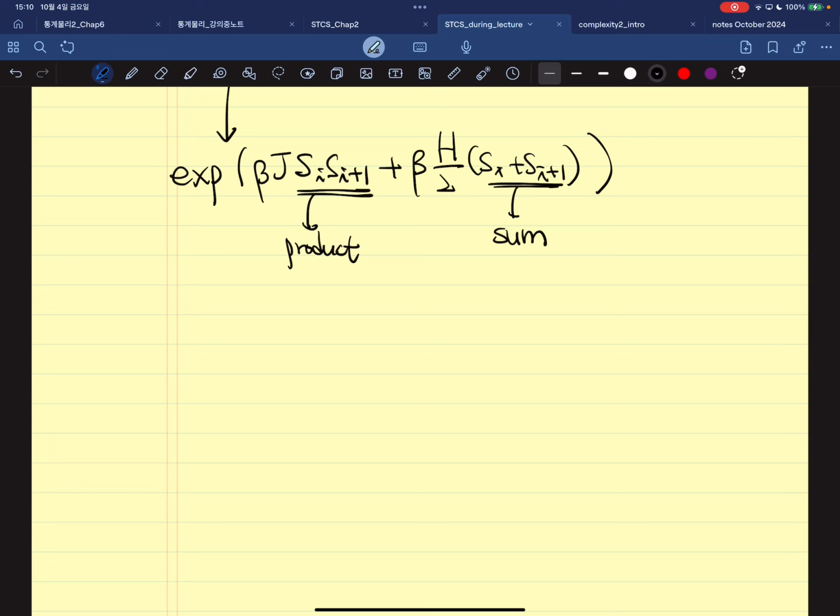And because this Si can be plus 1 or minus 1, and Si plus 1 can also be plus 1 or minus 1, so there are 4 combinations.